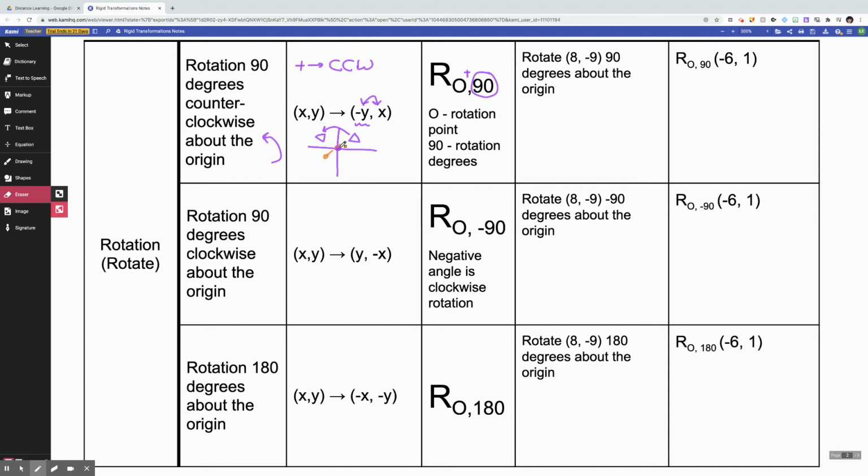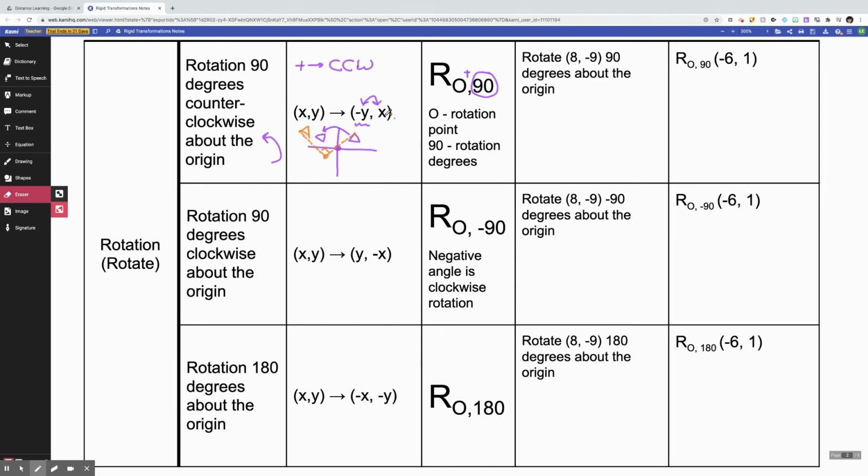You have to draw a little line to the point that you're trying to rotate. And then if I'm rotating it 90 degrees, I would draw another line that's the same length, 90 degrees counterclockwise going this way, like I'm making a 90-degree angle right here, and then I would take my shape and rotate it like that. So see how it's pointed in the same direction, but it's in a much different location, right?